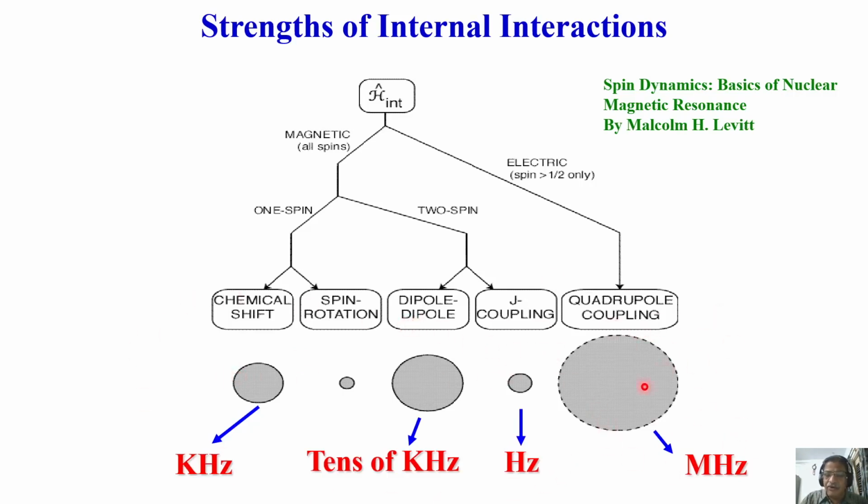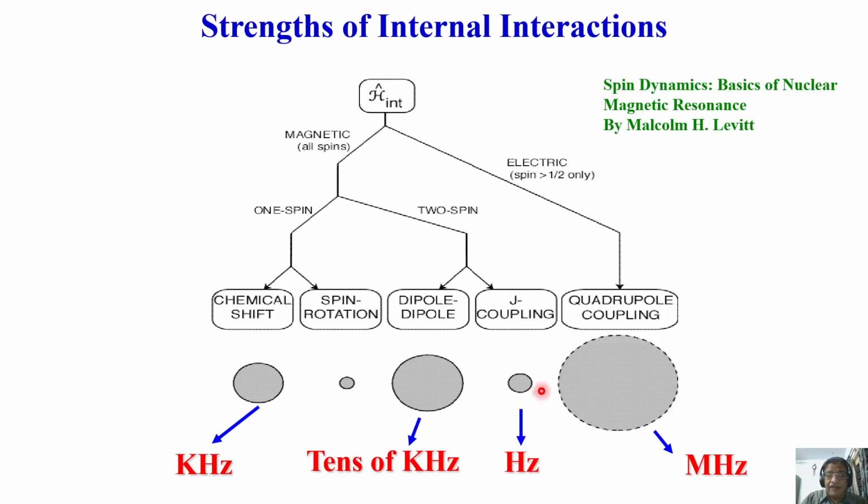Of course, quadrupolar interaction is quite large, but in the general cases we are dealing with in the solution state, this is a perturbation term. That is a small term compared to Zeeman interaction. Remember, this is a small term compared to Zeeman interaction. We treat this as a perturbation term. So this is quadrupolar perturbed Zeeman. If this is very, very large compared to Zeeman, then Zeeman perturbs this. I will not go more into the details of that.